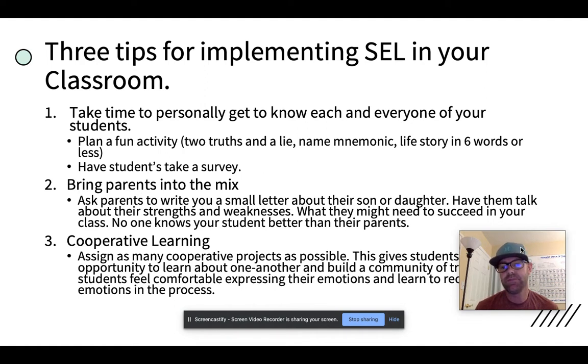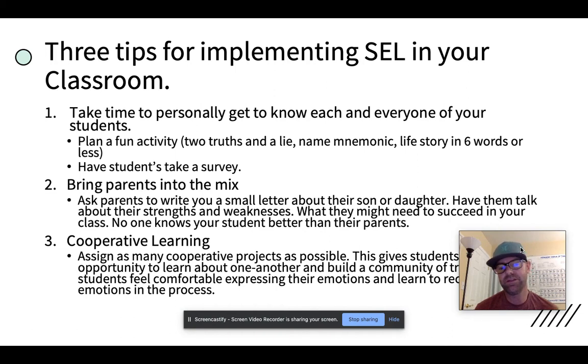And the example that I give them for myself is: try everything first, ask questions later. That's typically how I've been my entire life, where I'm like, yeah, let's do it. I'm game for it. And then I'm like, wait, what am I signing up for here? Right. So that's one of the ways that fun games like that help teachers and even the students get to know about their peers.